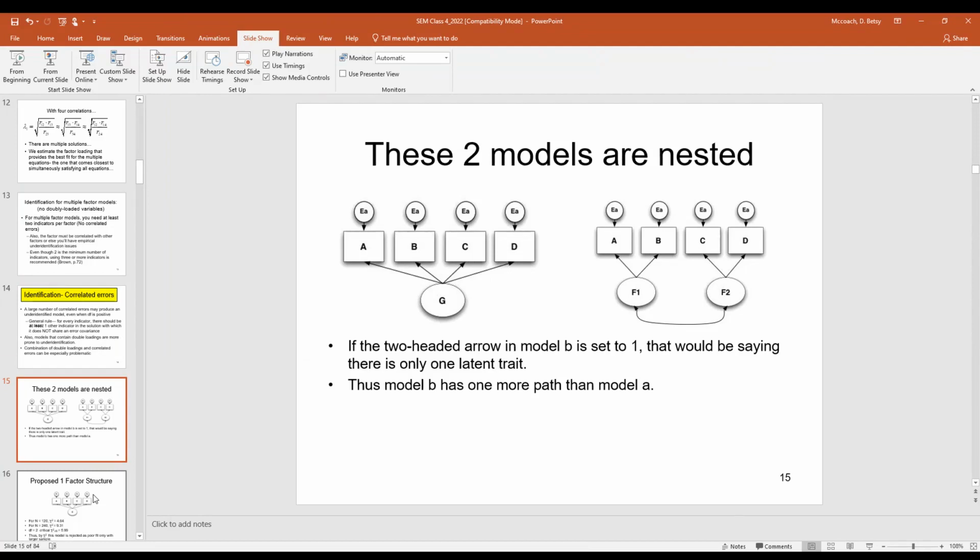But if you think about factor one and factor two, let's just imagine for this, because I think it's easier to think about it conceptually, we're using a fixed factor variance strategy here, okay? So we're going to fix the factor variances to 1. All right.